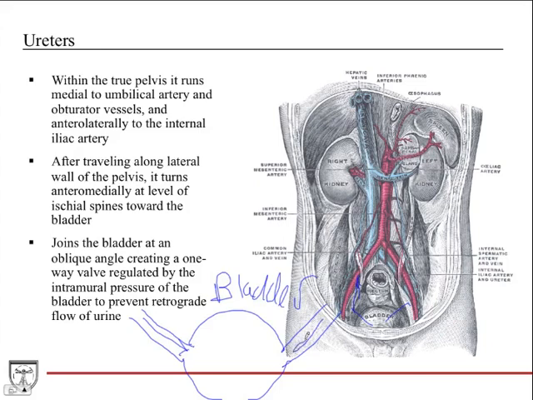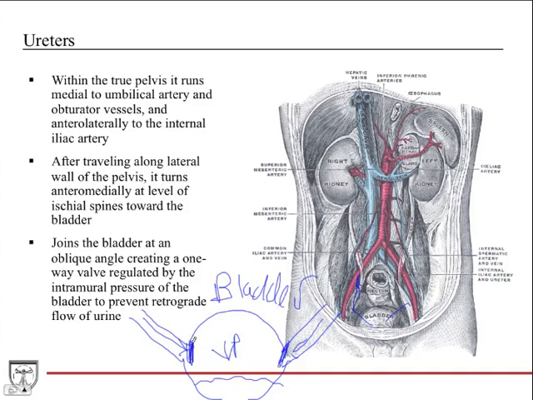What this does is create a natural tissue valve on both sides that is really regulated by the intramural pressure of the bladder. When the volume in the bladder is low, pressure's not very high, okay? So these valves don't provide much resistance, and urine can easily flow in.